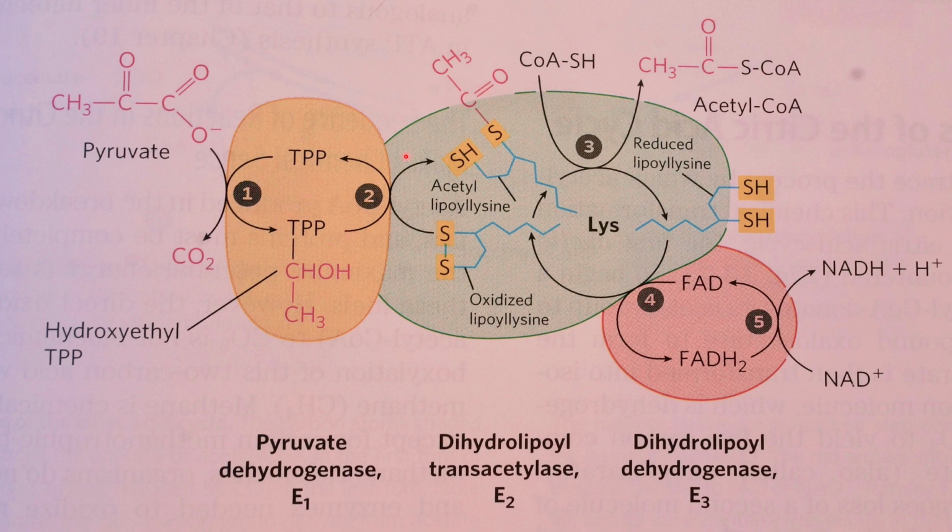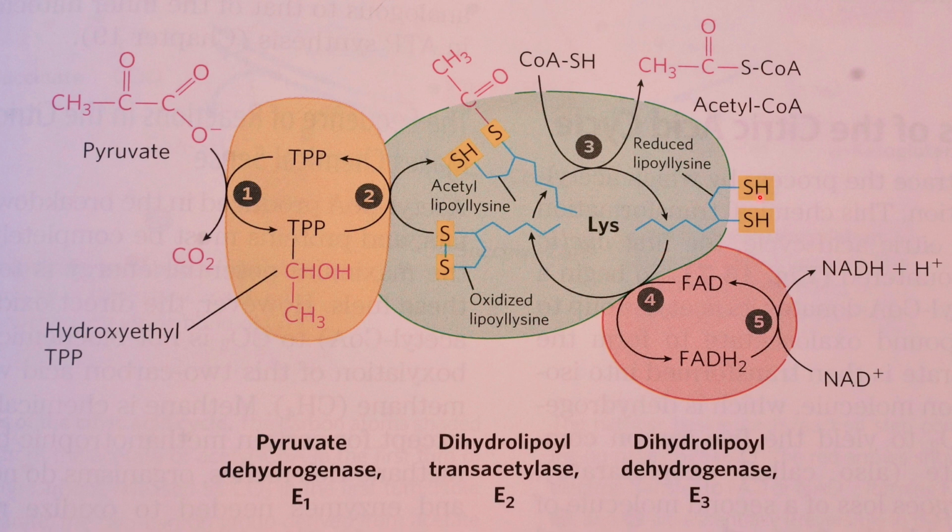So this is a reaction that occurs. You get oxidation of this point right here, and you get an adduct forming. And then in the third reaction, coenzyme A replaces the sulfur right here, and you get acetyl-CoA coming off of this with a reduction of the lipoyllysine being formed from this reaction here.